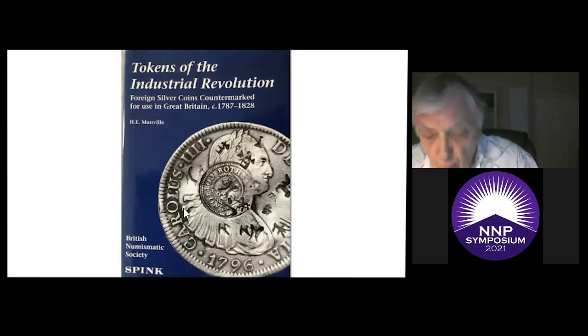It required raw materials. It required men of vision. It required great markets, and it required large labor forces. But most of all, and truly most bizarrely, it required the inability of the Royal Mint to coin silver. Upon such small matters can history be made. Thank you very much.